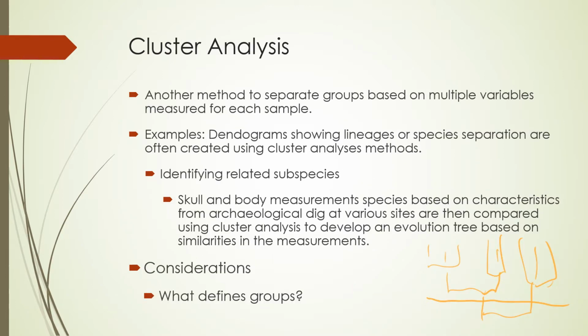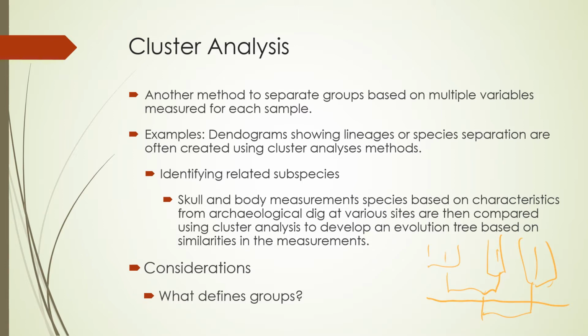Another approach is what's called cluster analysis, where again the objective is to separate groups based on multiple variables. Examples would be a dendrogram showing lineages or species separation. It's sometimes used in genetic analyses as well, although there's more sophisticated approaches being used now.